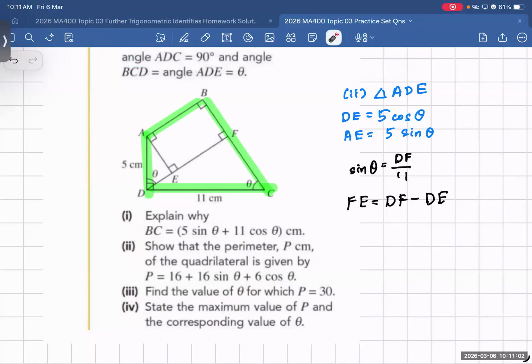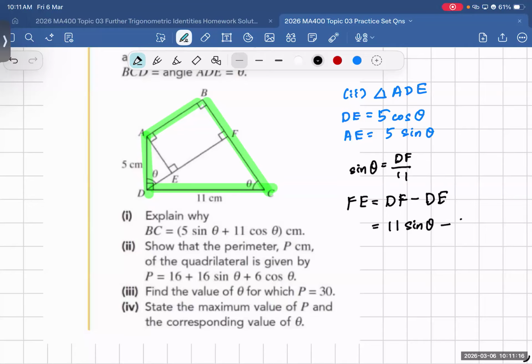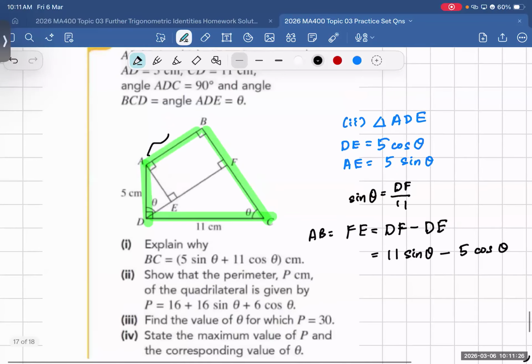Why am I finding this? Because I want to take 1 minus 2 to get AB. So this would be 11 sine theta minus 5 cosine theta. That is my FE, which is the same as AB. So this portion here is 11 sine theta minus 5 cosine theta.